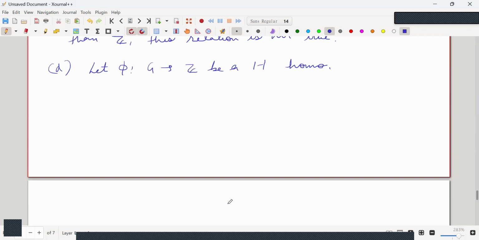Suppose G is some finite group. Let the order of G be n.